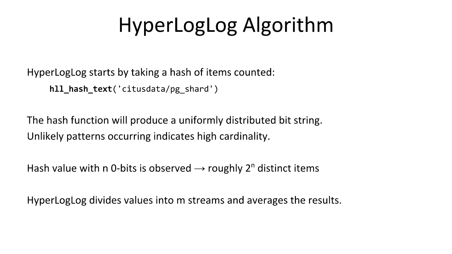So HyperLogLog always uses, as a first step, a hashing algorithm, and the hash function should produce a uniformly distributed bit string. This is important, that it's more or less a random bit string that comes out of the hash function. So you can count items of any data type.